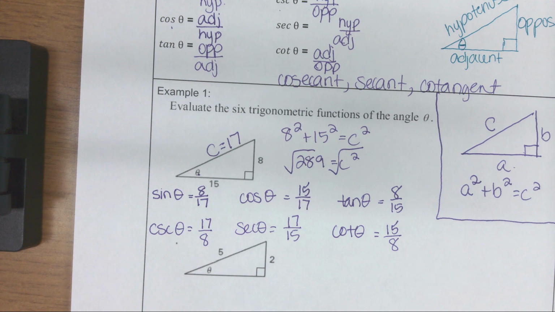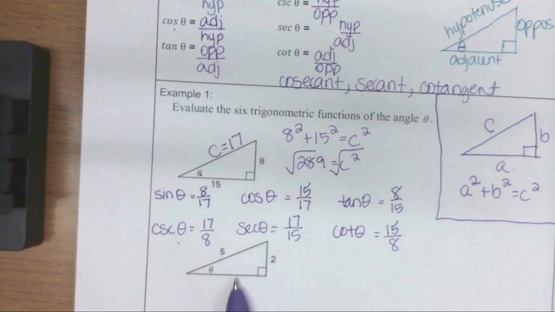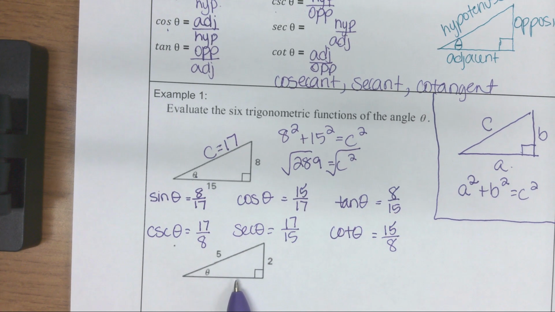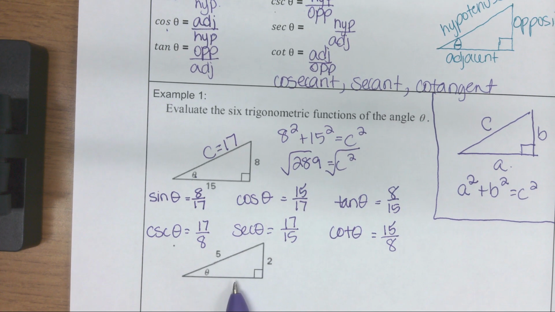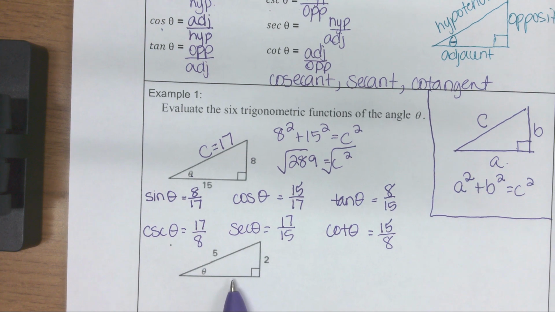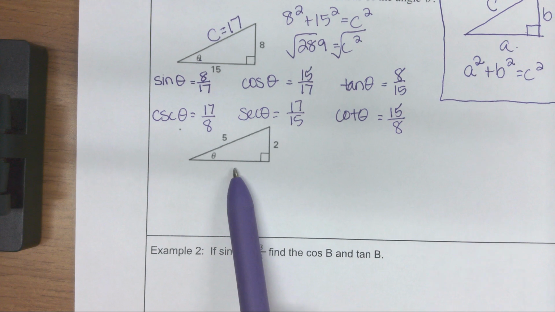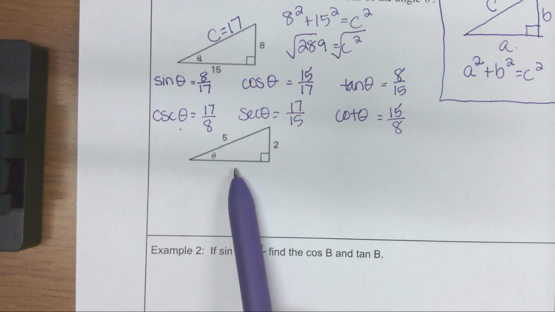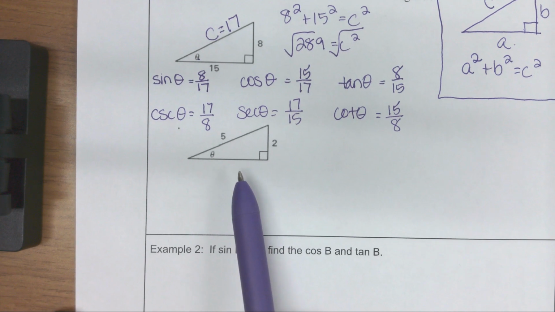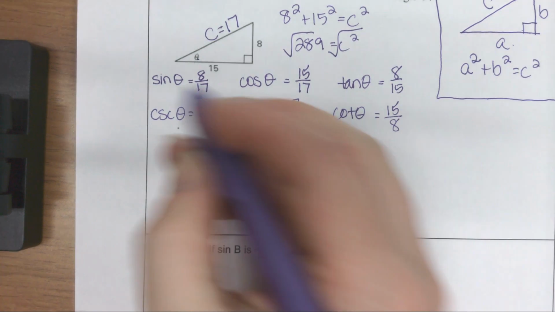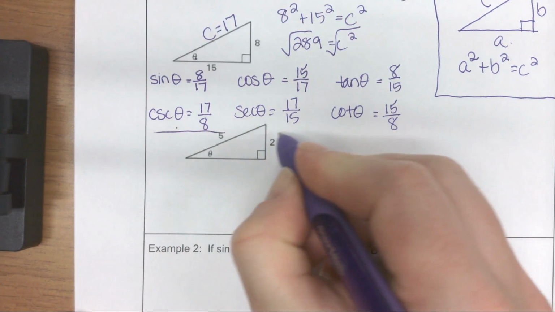I thought what I would do for our second example though, just to make sure we know how to find a missing side when it's not the hypotenuse. So do you guys see here on this one, I have a leg that is missing. So I am going to first find that leg. Let's do this right here.